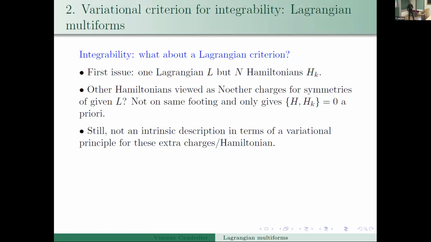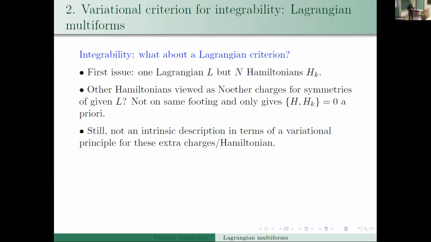So now, if I want to formulate a criterion for integrability using only Lagrangians, suppose I don't know anything about Hamiltonians. Well, you have your single Lagrangian that describes your preferred theory, and there's already a first problem, because if the Hamiltonian picture tells me I should have n Hamiltonians, I only have one Lagrangian.